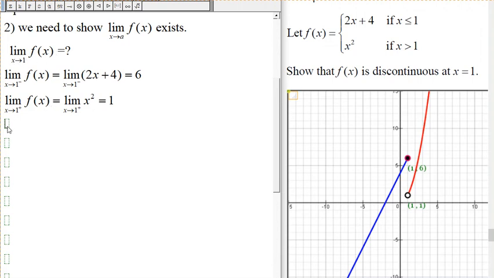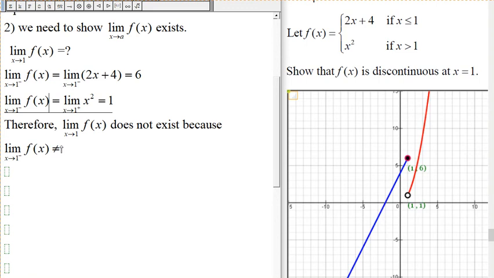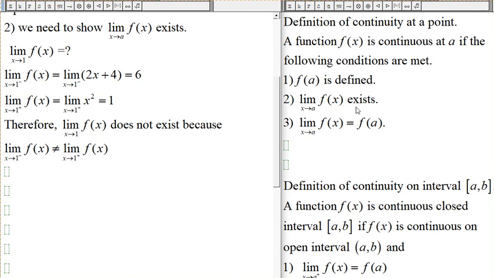And therefore the limit at 1, we say that it does not exist, because the limit from the left is not equal to the limit from the right. And so condition number 2 fails.